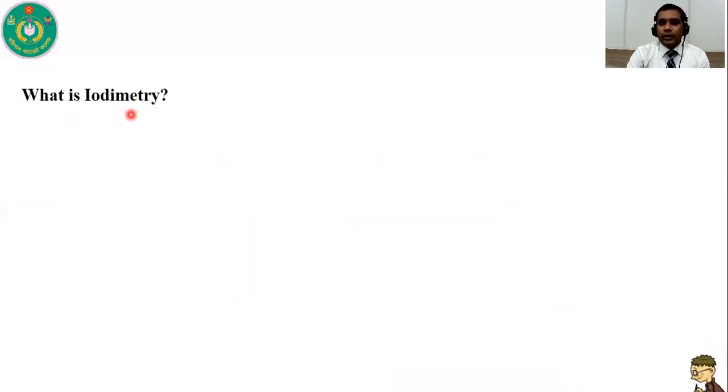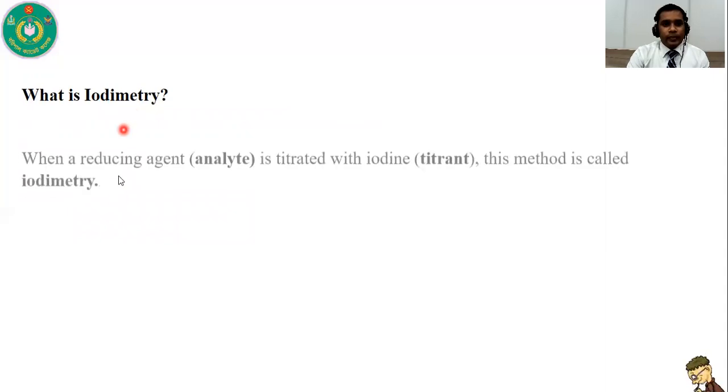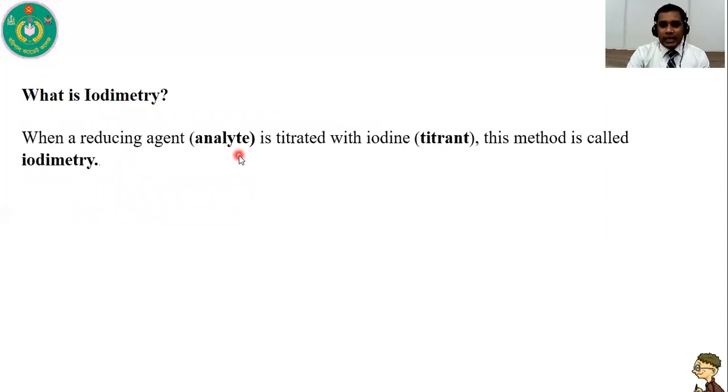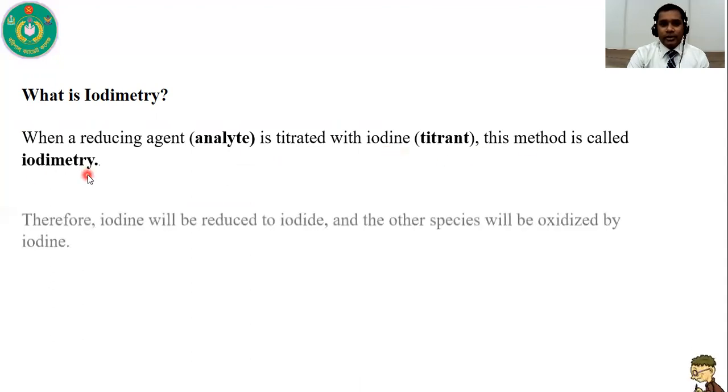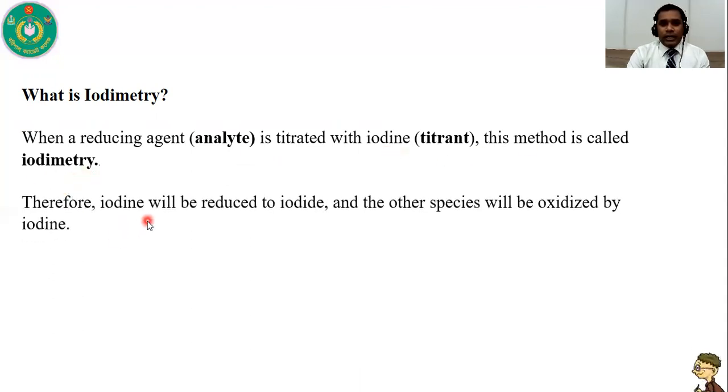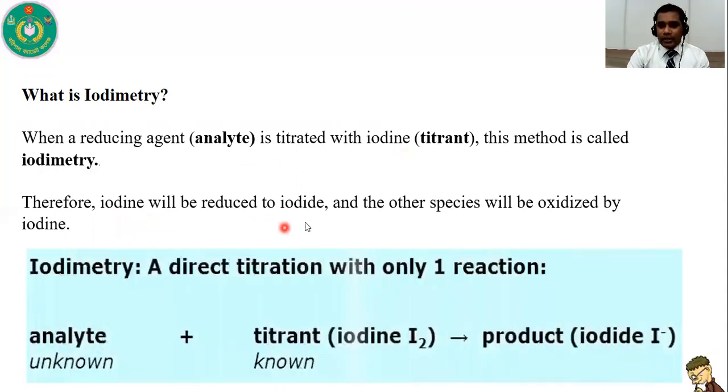Now, what is iodimetric titration? When a reducing agent, that means the analyte, is titrated with iodine, this method is called iodimetry. Therefore, iodine will be reduced to iodide and other species will be oxidized by iodine. So this is a one-step reaction, or you can say this is a direct reaction.